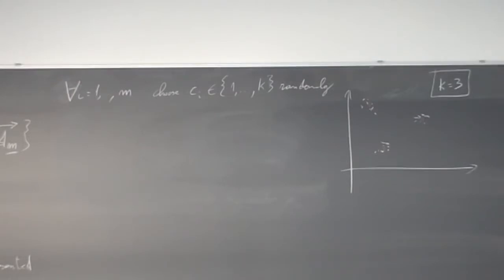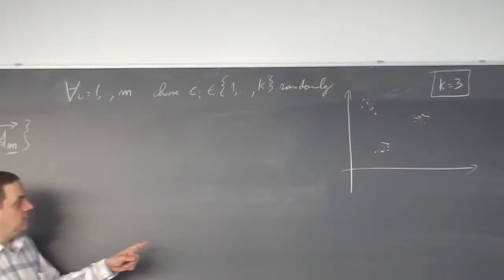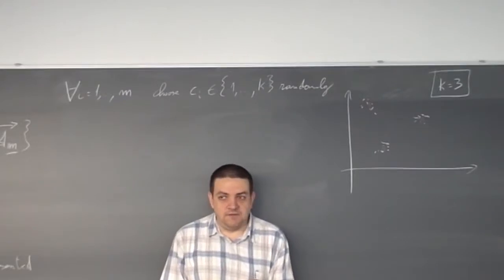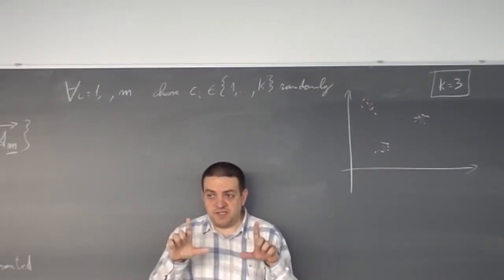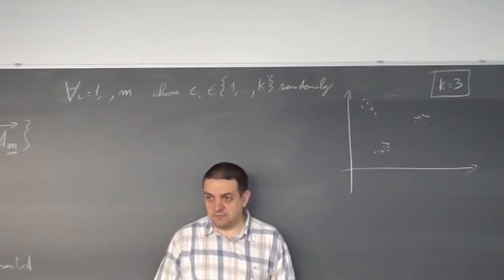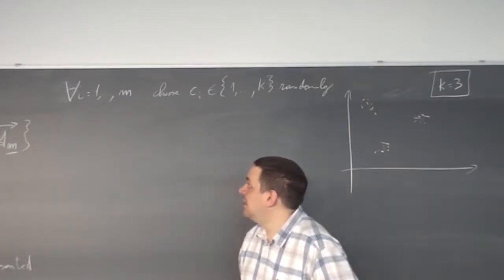The second point is, we need to decide where the representatives of each cluster will be placed. But we know that every cluster representative should be the centroid, the arithmetic mean of the positions of all the elements in the cluster. We have seen it last time.